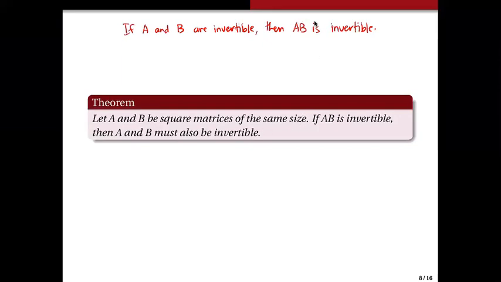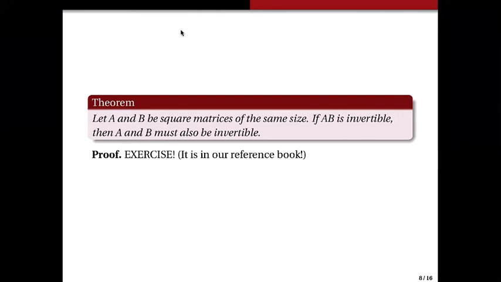We start with the fact that AB is invertible, and then we must show that each of A and B is invertible. Okay? So I'm leaving the proof of this theorem as an exercise. If you have a copy of our reference book, you'll be able to read it there.